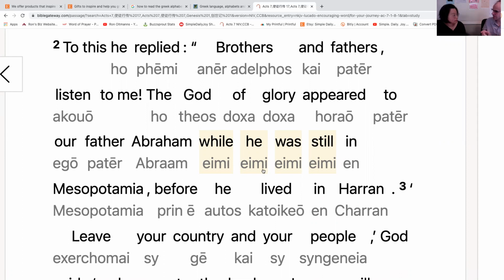If I say esti, that means "he is" or "it is." So if you say eimi by yourself, you're already saying "I am." But if you want to put emphasis behind it, you would use the pronoun ego. Ego eimi is an emphasis to say, "I am."